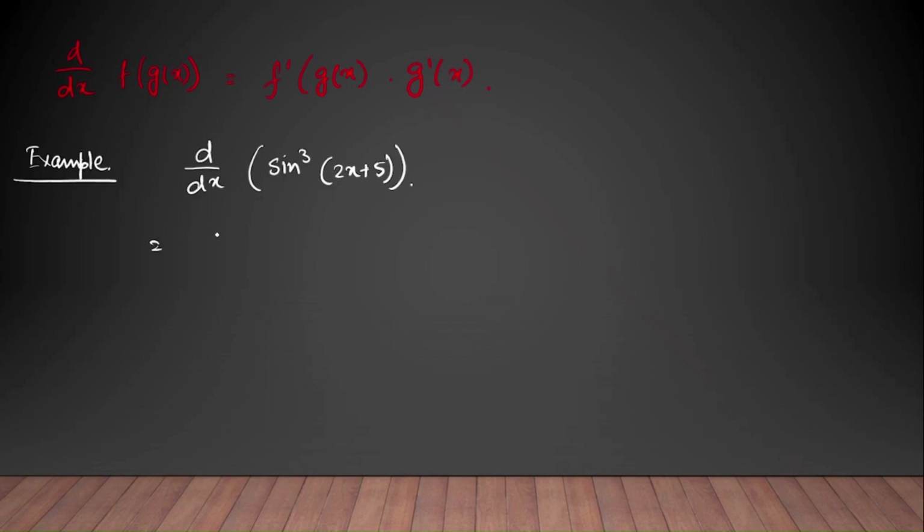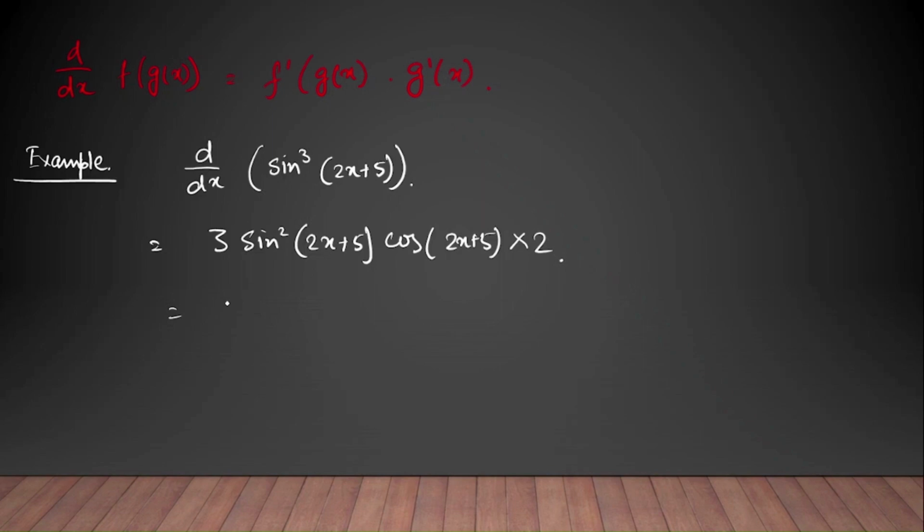It will be 3 sin square (2x plus 5), and then we differentiate the sine, which gives cos of (2x plus 5), and after that we differentiate 2x plus 5, which gives 2.